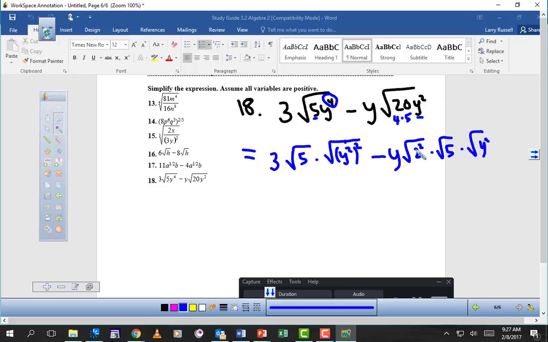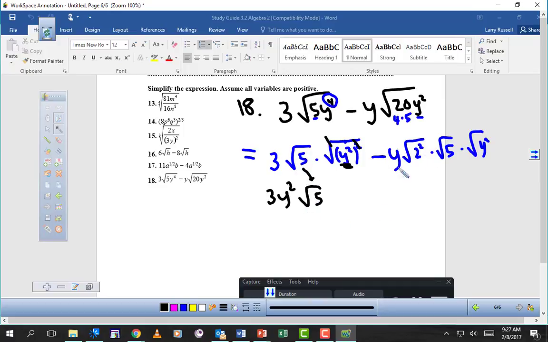Well, again, simplifying this now, the exponent will cancel off a square root if it's a square. And so I could rewrite this one as 3. Now this square here is going to cancel off the square root. So I have 3y squared because of that one. And then this square root 5 can tag along. Okay. That one did not simplify. So I'm going to leave it.